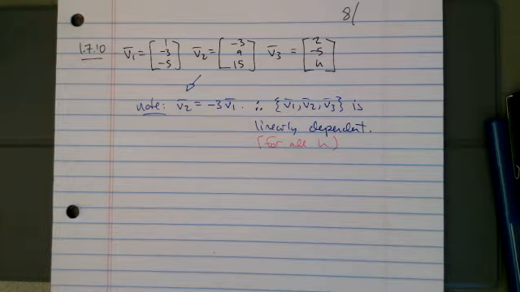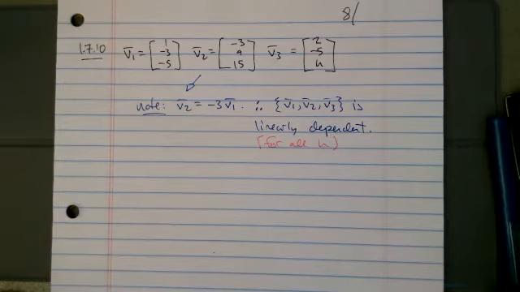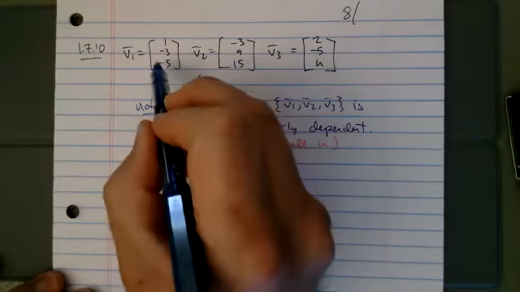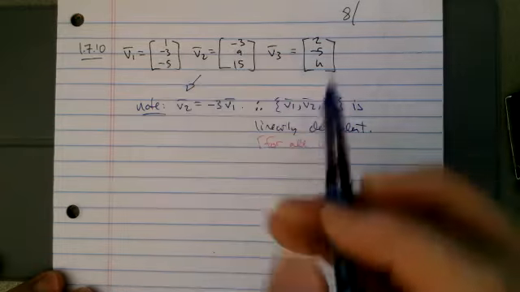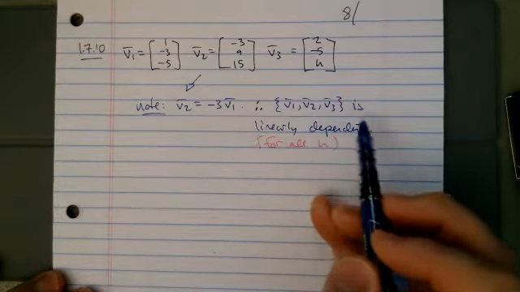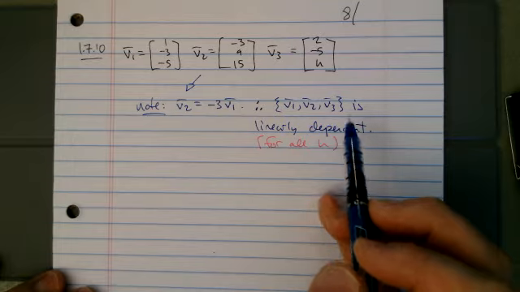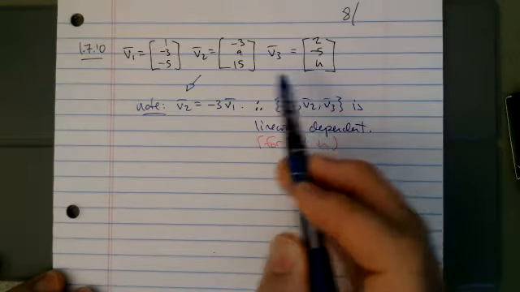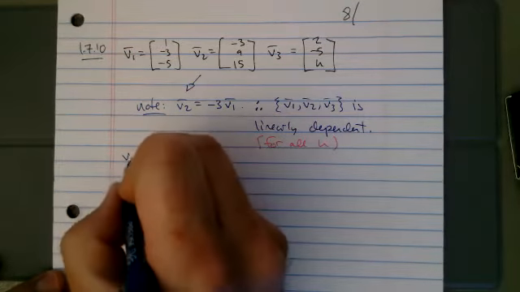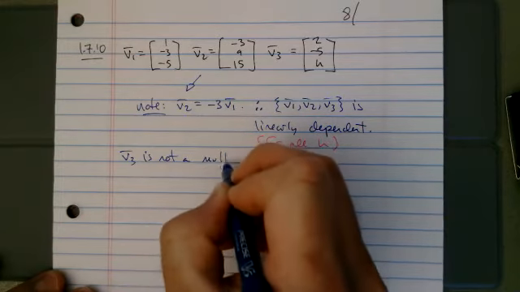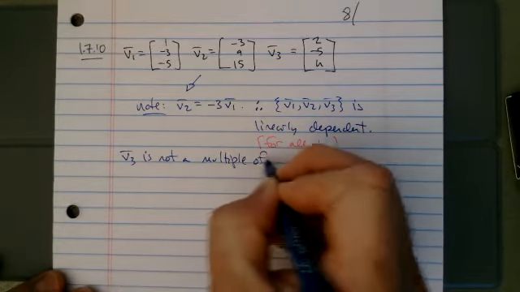Any combination that uses V2, I'll replace V2 with -3 V1. So by noticing right away that V2 is already a multiple of V1, we can see that V1, V2, V3 is a linearly dependent set. We see that V3 is not a multiple of V1.